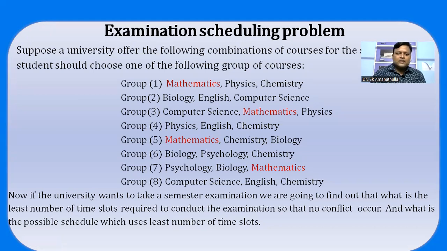Here the problem is, if the university wants to hold a semester examination, we have to find out what is the least number of slots required to conduct the examinations, and also find out the slots. This problem can be solved by graph coloring. How?